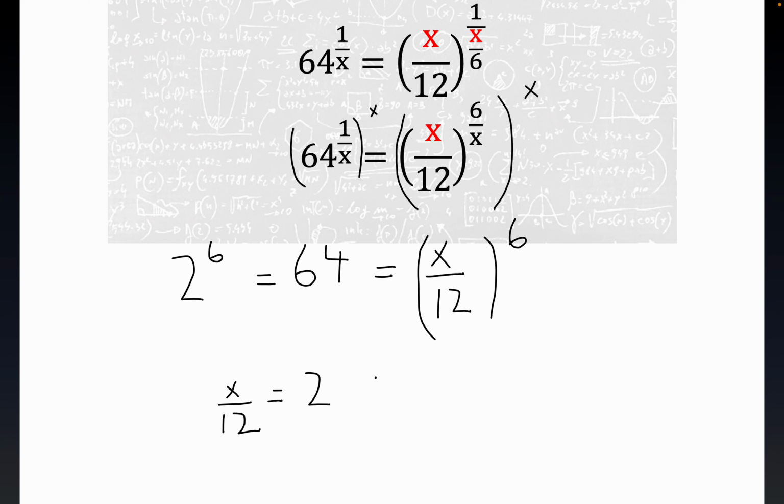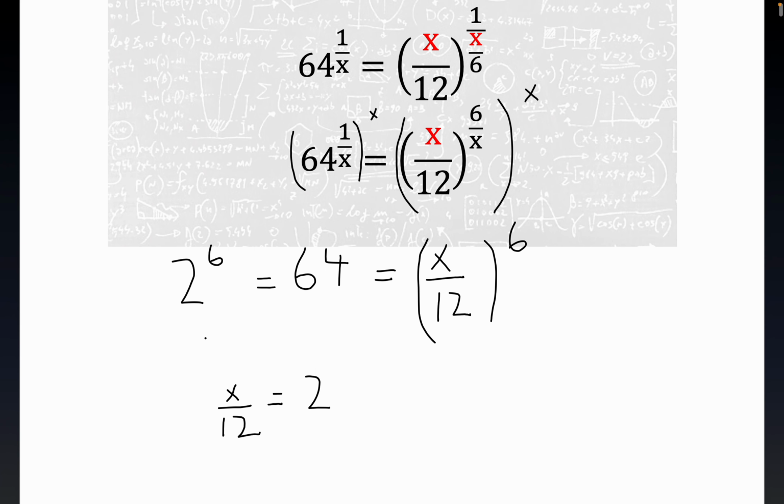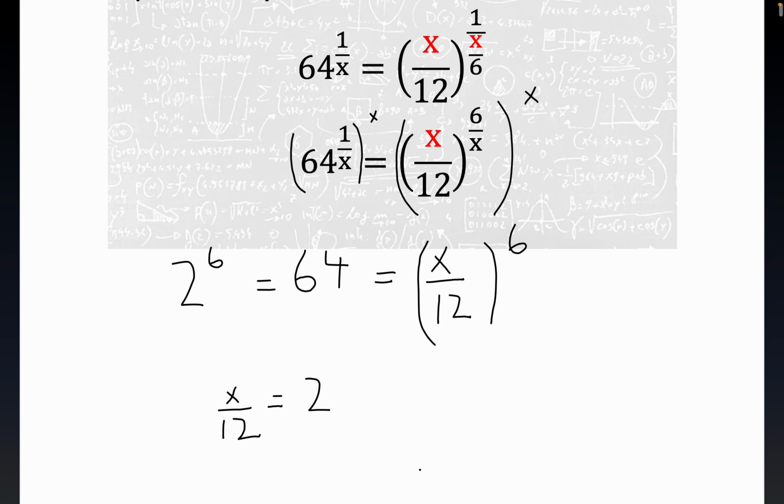Right? And that's clear, right? Because you see, you have the same exponents right here. Exponent 6 here, exponent 6 here. So we have no choice but to equate the bases here. And the bases are 2 and this variable base x over 12. And of course, this implies that x is equal to 24.